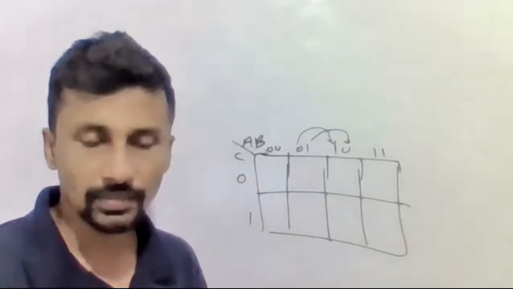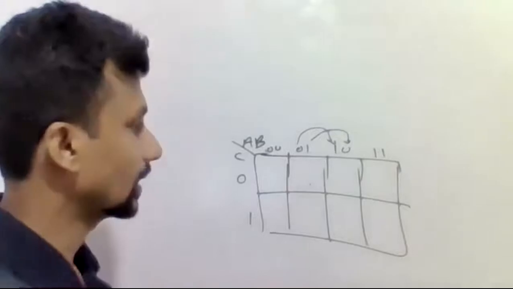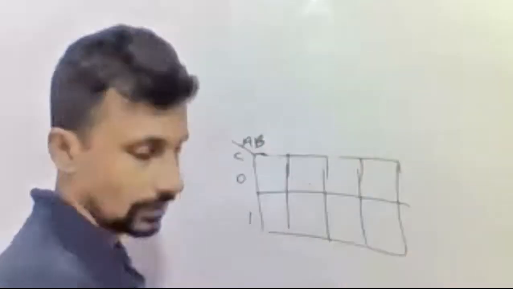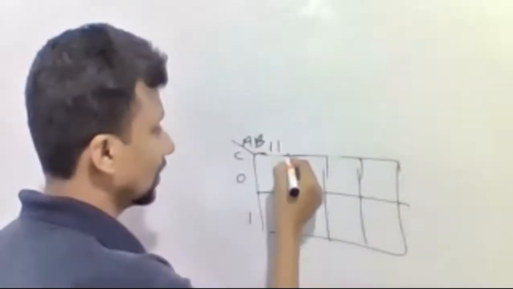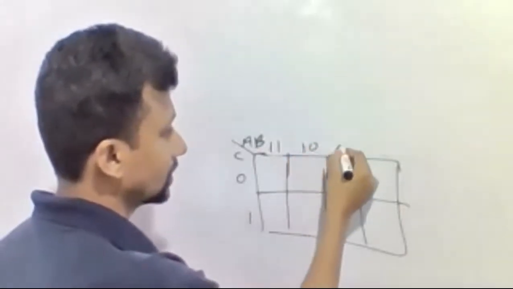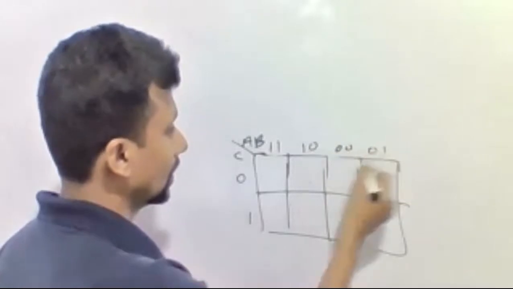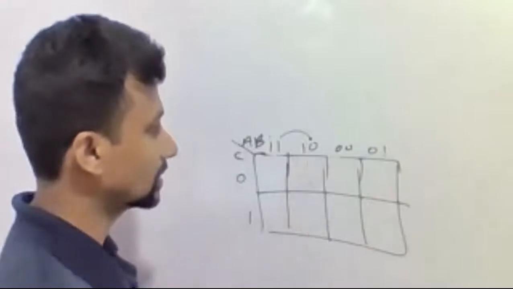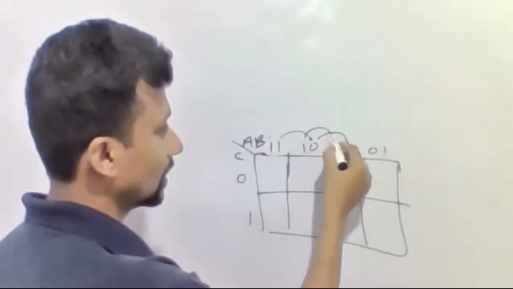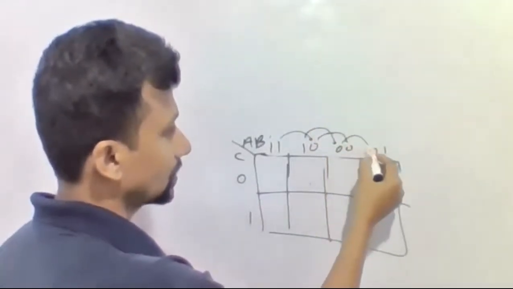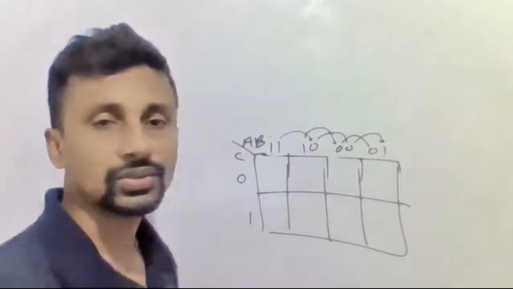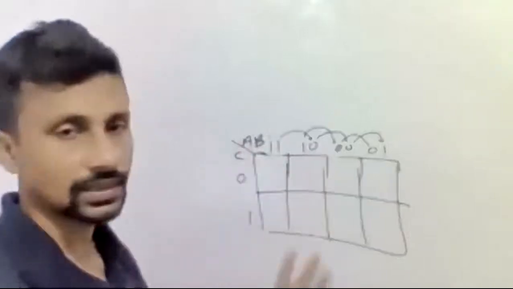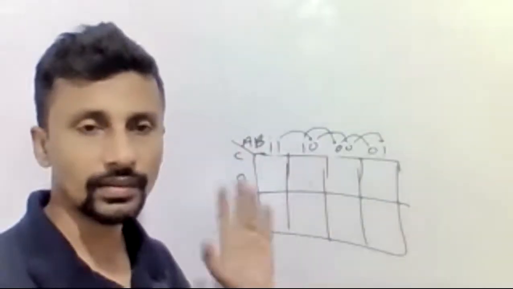Can't we start with something else? Yes, we can. If I write 11, 10, then 00, 01, here check it. One is there, this one has become 0. One bit has changed. 0 is the same, this one has become 0. Then here 0 is the same, and one has changed. This is also correct, since only one bit has changed. So there's no problem.